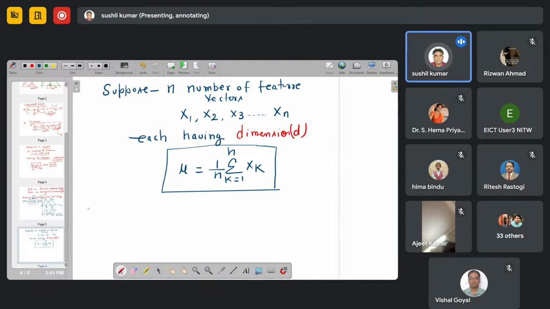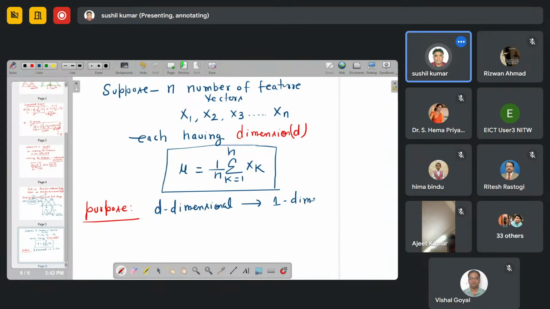Okay, so the purpose here is, I have d dimensions here. The purpose of PCA is that we will represent this d-dimensional vector by converting it into a one-dimensional vector.